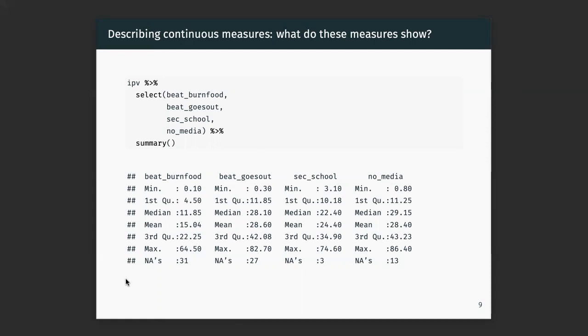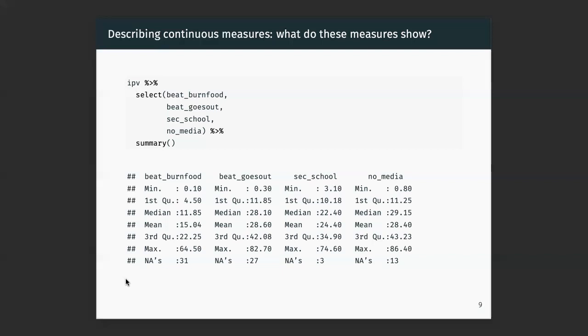So this is actually in percentages already. So this is 0.8%, right? The minimum observation of the data in any single country is that only 0.8% of women say they have no access to media. So in some countries, less than 1% of women say they don't have regular access to media.